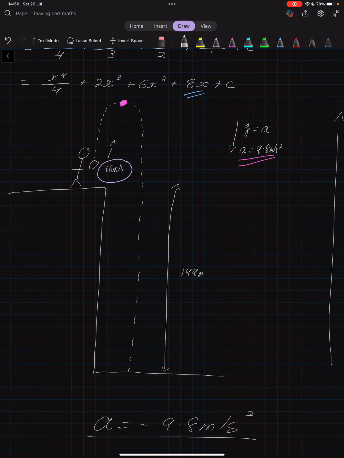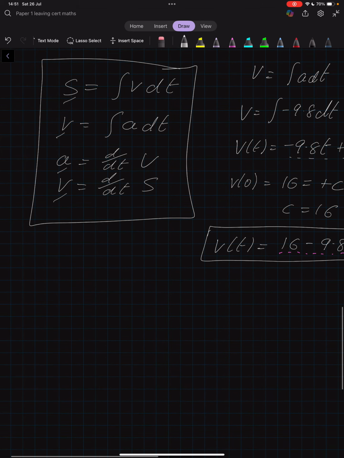The answer is 0, because the velocity is positive, positive, positive, because it's going up, and then it's negative because it's coming down. So at the pink point, it's exactly 0. The next thing it says, okay, so how long does it take before it reaches that point?